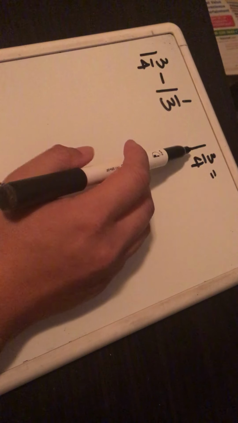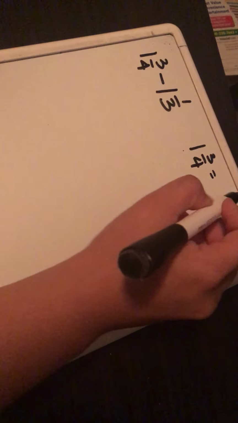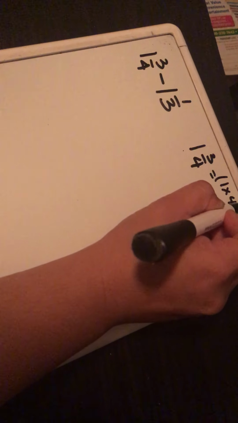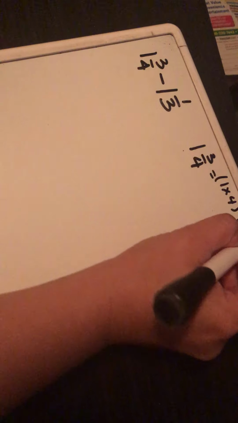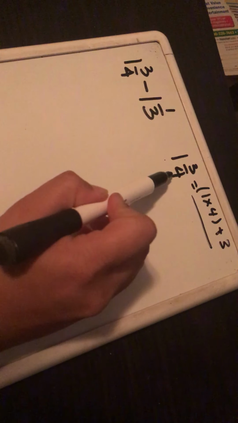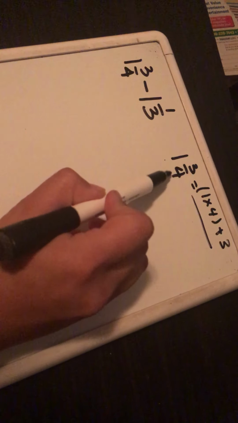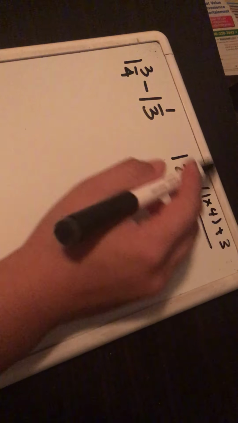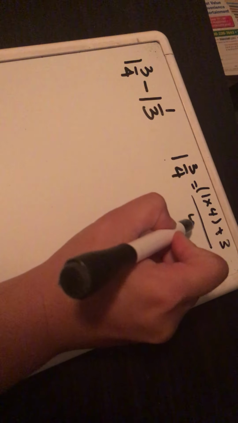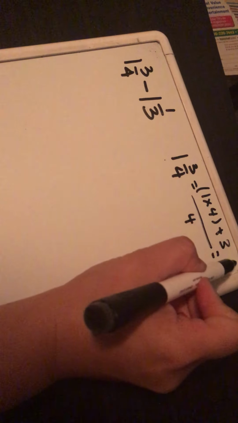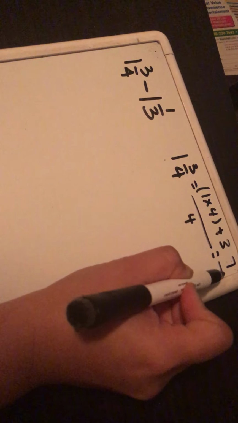Okay, so what we would do, whole number, which is 1, times our denominator, which is 4, plus our numerator, which is 3. Okay, and our denominator here would be 4, so it will be over 4. So our answer here is 1 times 4 is 4, plus 3 is 7 over 4.